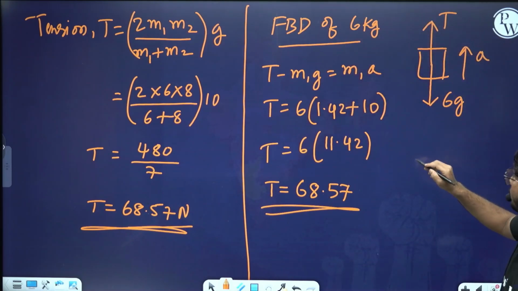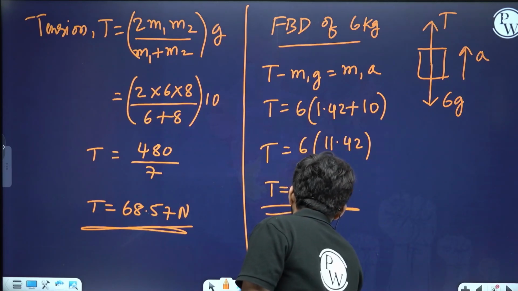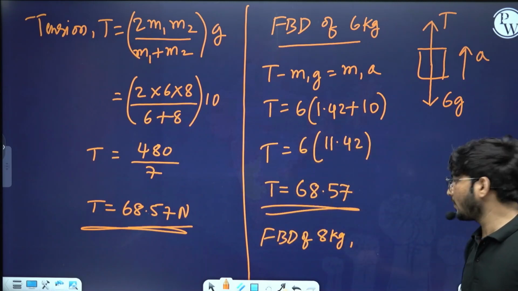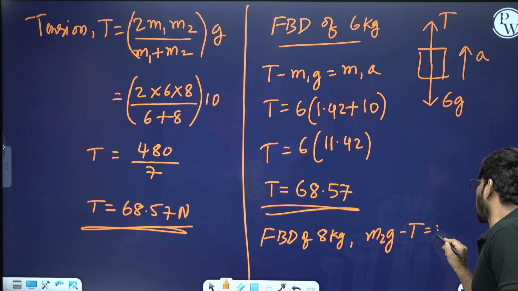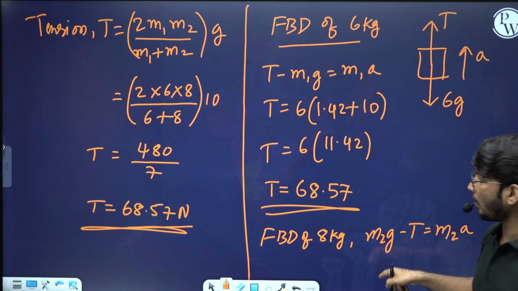Or you could have written the FBD of 8 kg also. In that case, m2G minus T is equal to m2 into A. Using that also we can calculate tension.